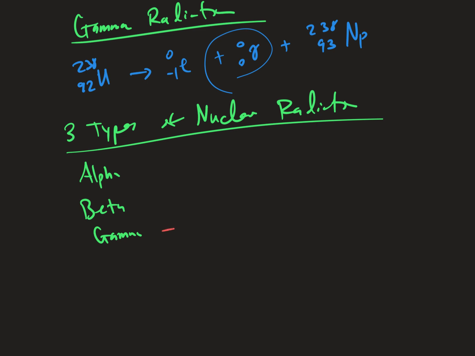This one has the highest penetrating power. What does it mean to penetrate? Go into something else, right? And this one is the lowest penetrating power. Can you make sense of that?